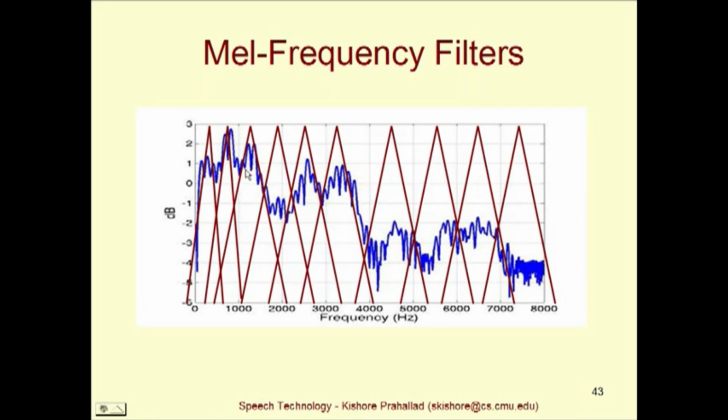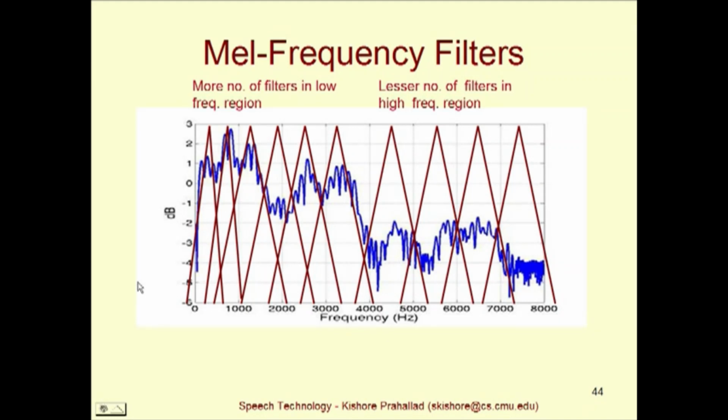If you observe carefully, you have more filters in the low frequency region and fewer filters in the high frequency region. There are about 41 filters found to be effective. I am not drawing all of them. These 41 filters have a specific position to be spaced on the frequency axis.